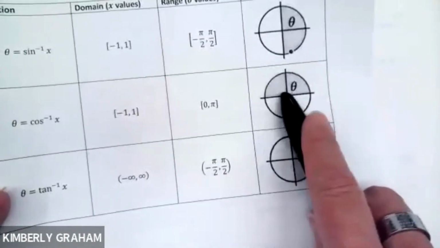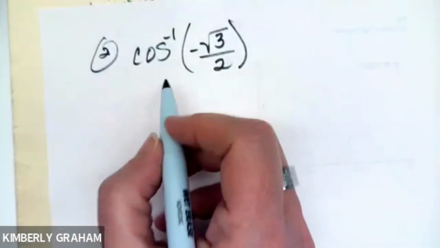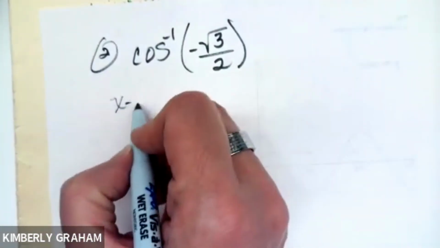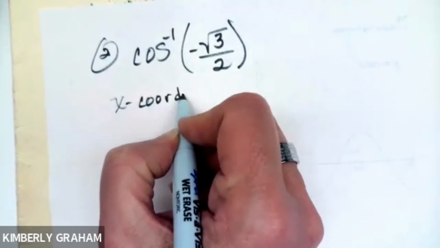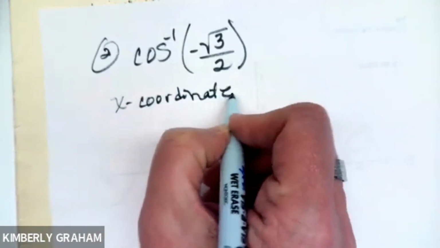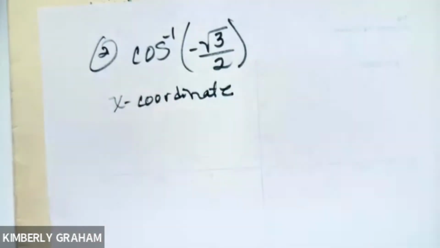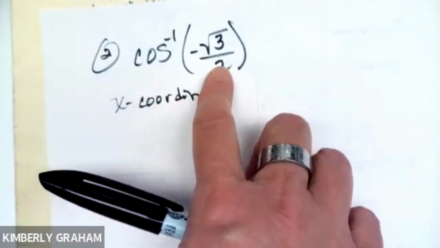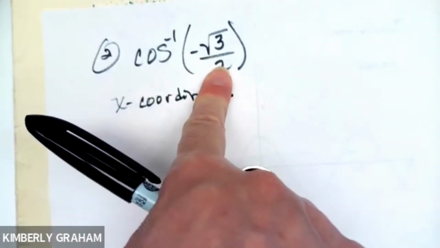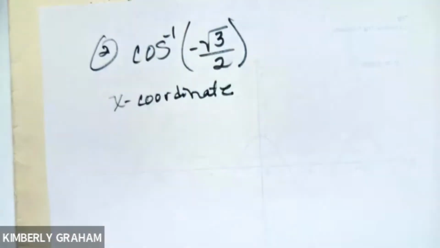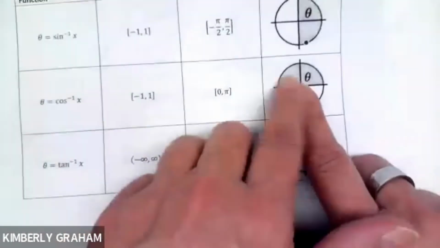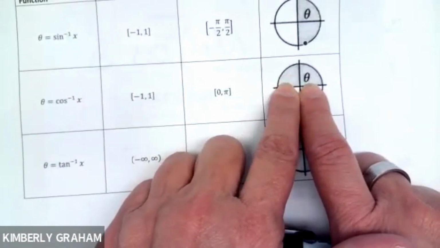With cosine, I'm either in quadrant 1 or quadrant 2. And remember that cosine is dealing with the x-coordinate of the points on your unit circle. So in this case, I'm looking at my x-coordinate to be a negative number. And I know that if my x value is negative, I'm going to be in quadrant 2.